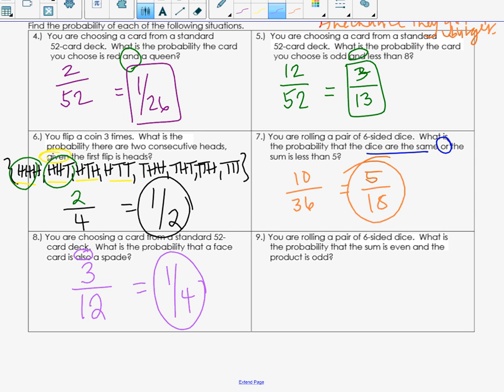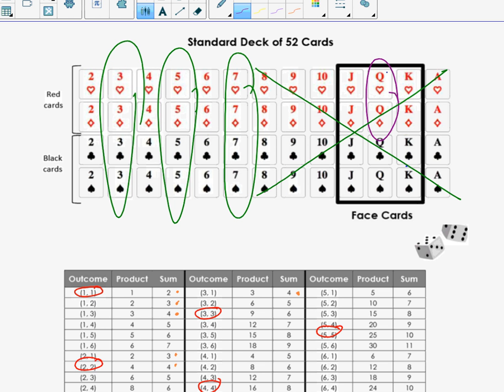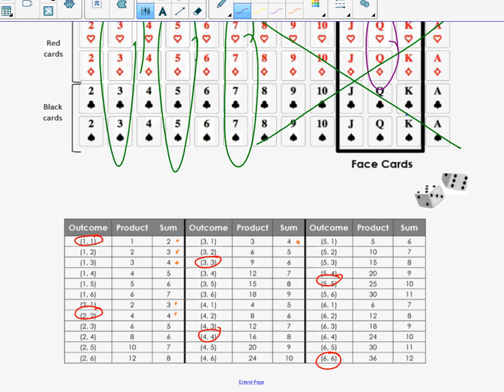All right, last one. You're rolling a pair of 6-sided dice. What is the probability that the sum is even and the product is odd? Okay. So we need both to be happening at the same time, the sum being even and the product being odd. Let's clear all this out here.